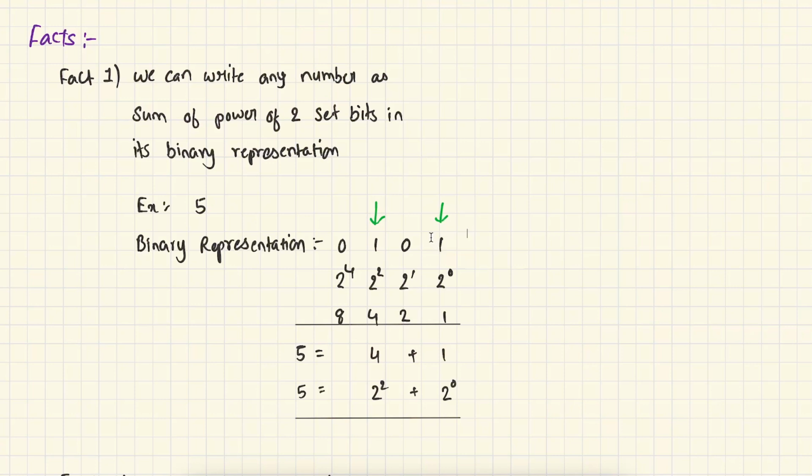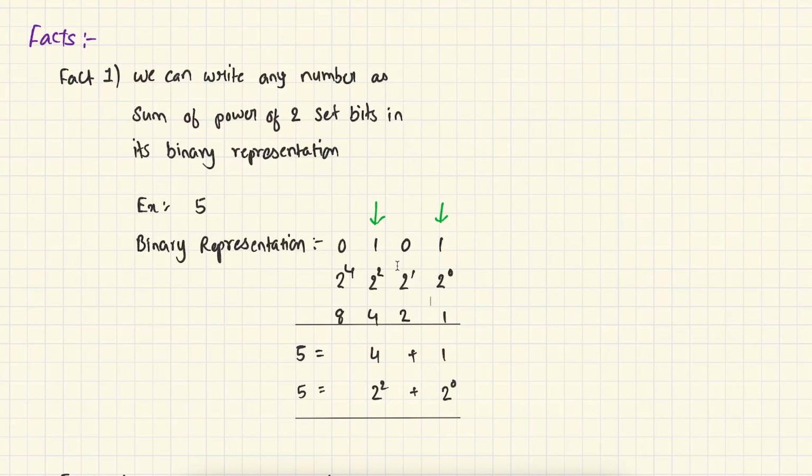So our first bit represents 2 to the power 0, our second bit represents 2 to the power 1, our third bit represents 2 to the power 2, and similarly the fourth bit represents 2 to the power 3. What is 2 to the power 0? It is 1.